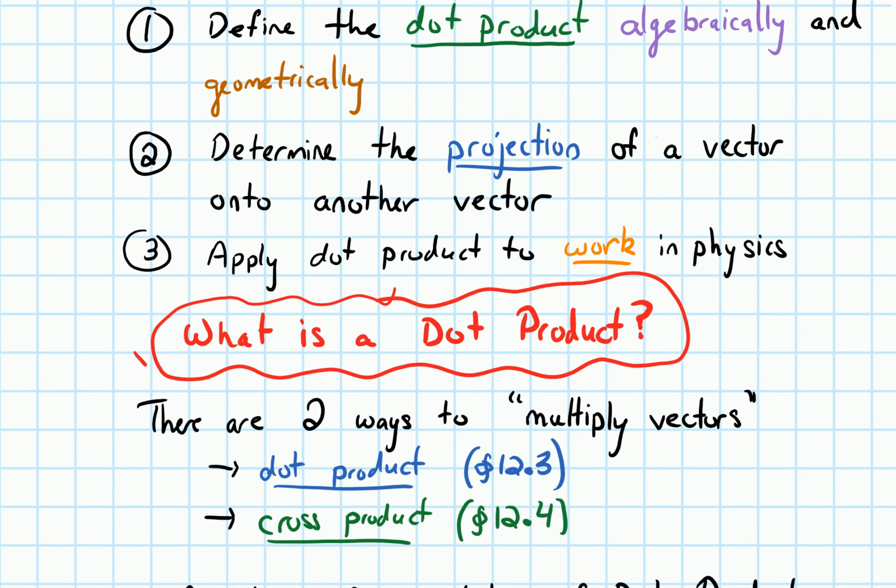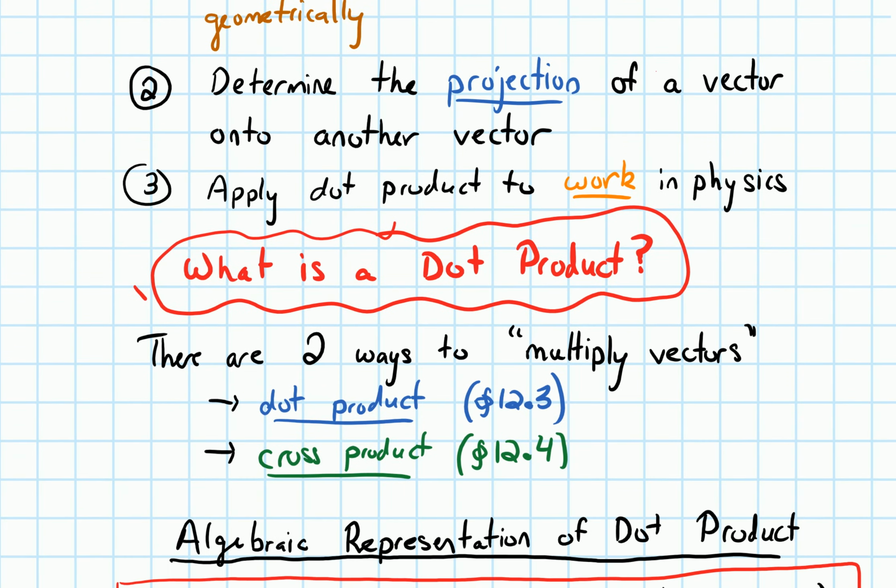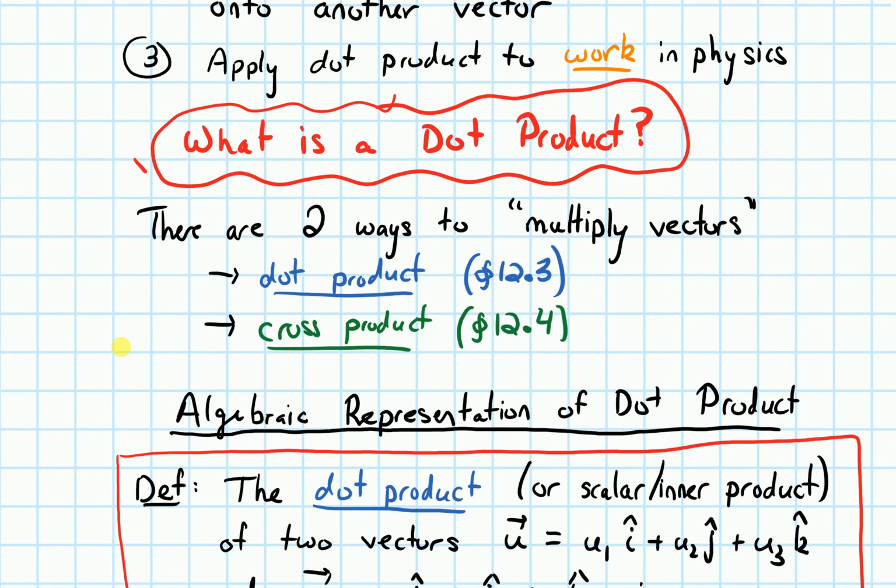All right, so I'm going to begin by defining the dot product algebraically. I want to give an algebraic representation of the dot product. Okay, so here is the definition.